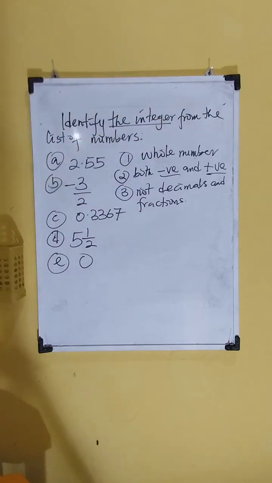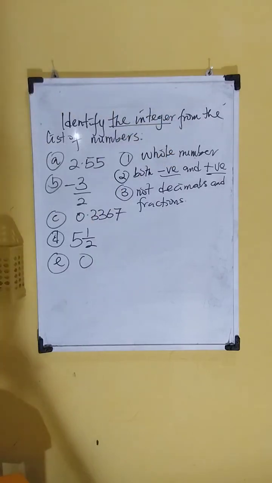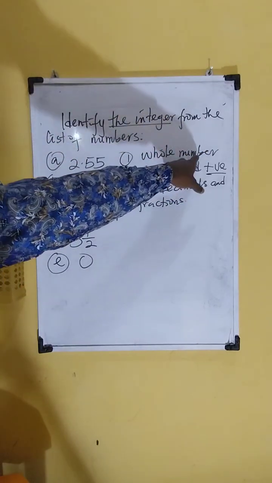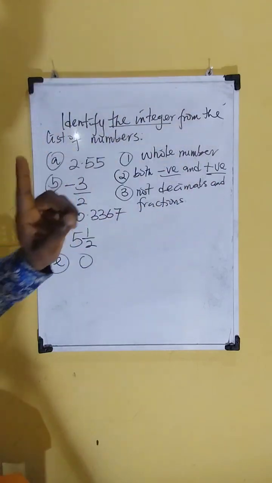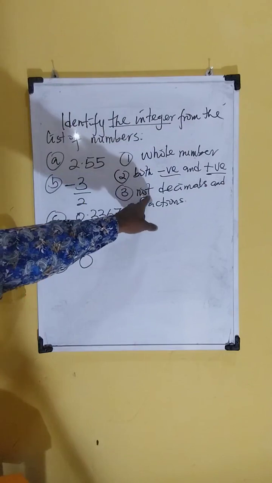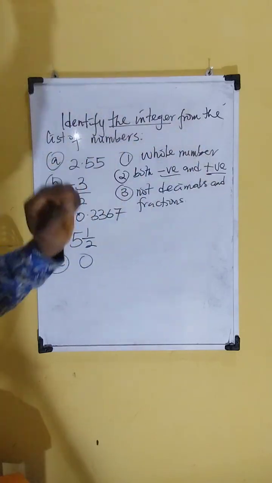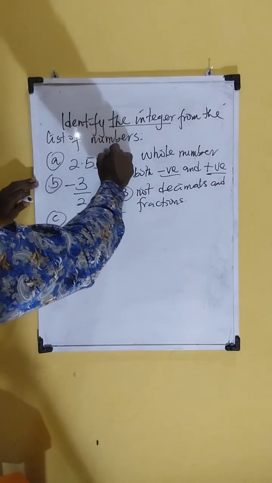Okay. What is the first question that should come to your mind? What is an integer? An integer is a whole number first. It is either positive or negative, then it is not a decimal number. It is also not a fraction. So you look at this one. This one is a decimal, so it is out.